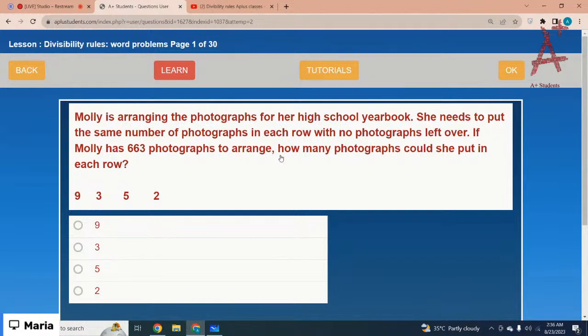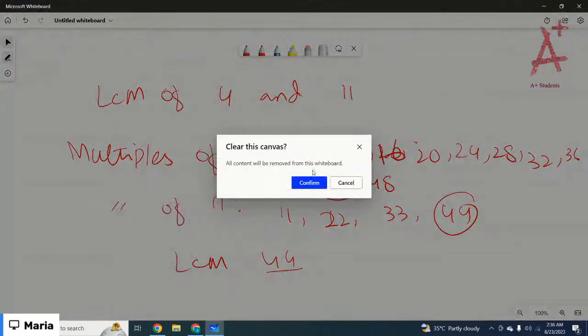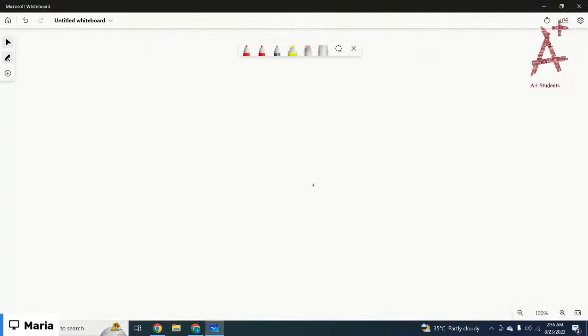Let's just apply the divisibility rule for 663, and the options are 9, 3, 5 and 2.